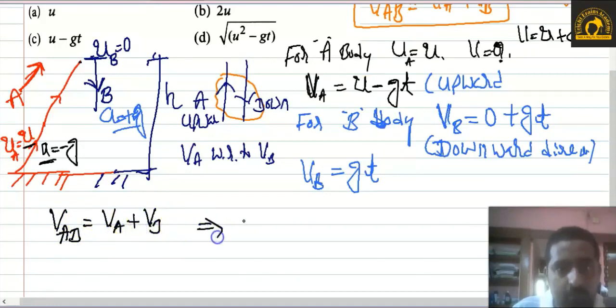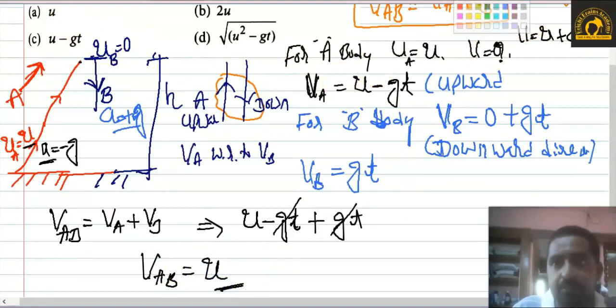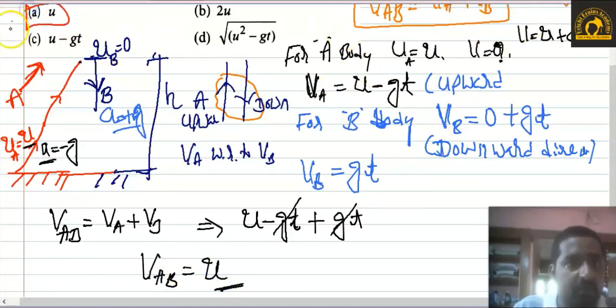VA is u minus gt, plus gt. The plus gt and minus gt cancel. The velocity of A with respect to B is equal to u. That is the answer, so option A is the correct answer for this question.